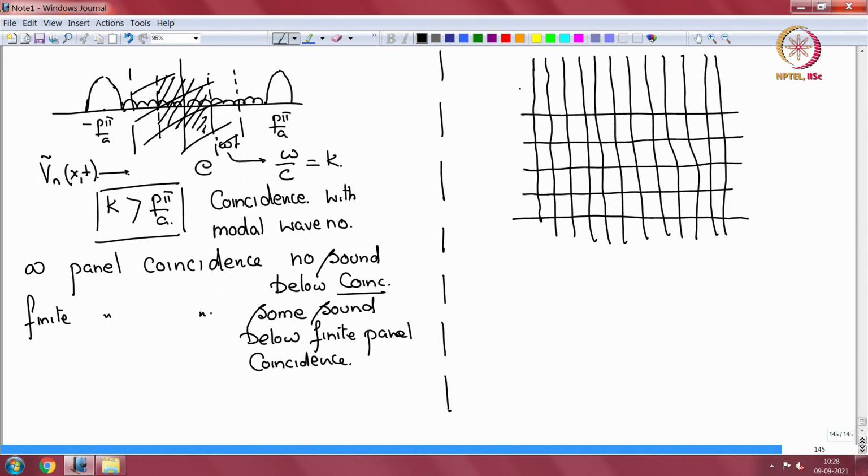So this is the wave number space in 2 dimensions. This is pi by a, twice pi by a, thrice pi by a, 4 pi by a, and so forth. And this is pi by b, 2 pi by b, 3 pi by b, 4 pi by b, and so forth. And these crossings are modes. These are modes of the plate.